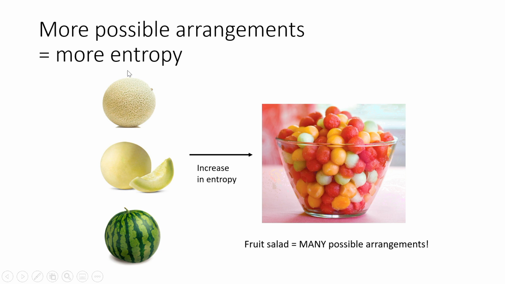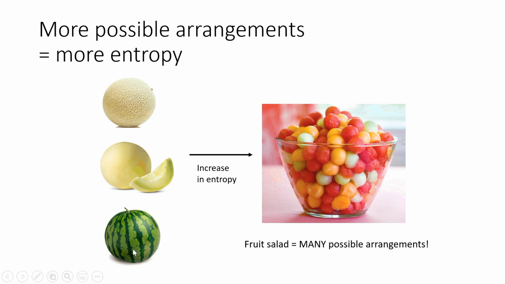Another example that I find visually helpful for thinking about entropy has to do with making a fruit salad. The definition of entropy has to do with the different possible arrangements that particles can have. We call those the microstates. So here's an analogy thinking about making a melon salad. Over here initially, we'll call this my reactant side. I've got three possible locations where the melon can be. It can either be in the cantaloupe, in the honeydew, or in the watermelon.